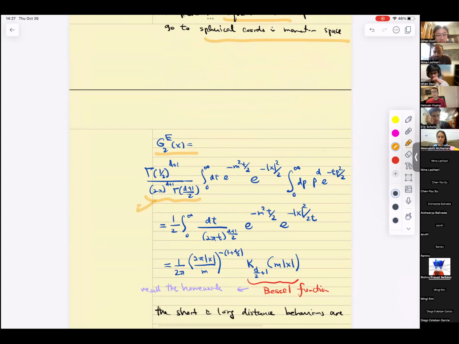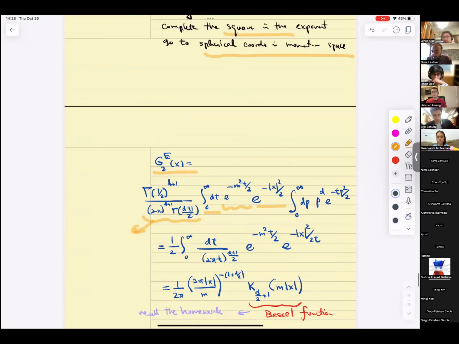There are these gamma functions. These are just constants that depend on dimension. Don't worry about this part. An integral over time from 0 to infinity of e to minus m squared t over 2, e to minus x squared over 2t. By the way, there is a lecture by Feynman. I should probably dig this up, where he goes through interpreting every single one of these terms in a very physical sense. It's a beautiful lecture, but I don't have it off the top of my head.